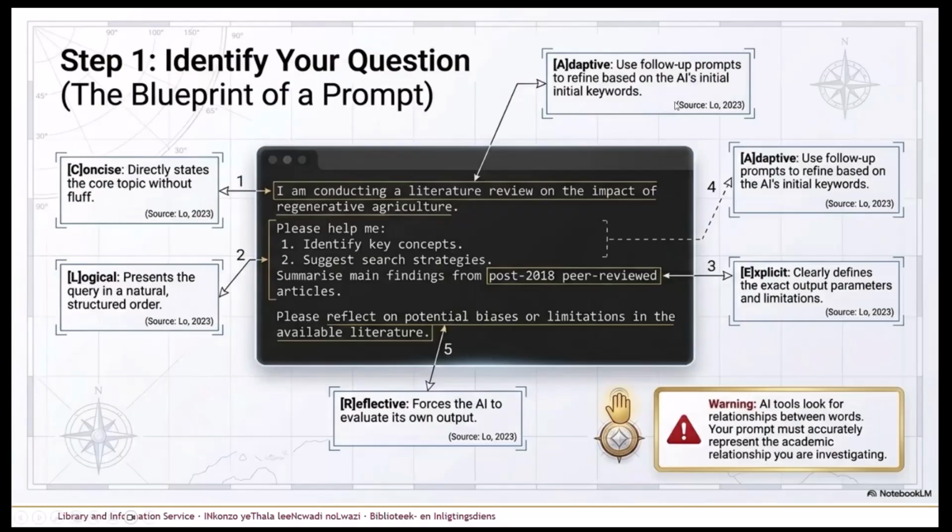Be adaptive: use follow-up prompts to refine based on the AI's initial keywords. Explicit: clearly define the exact output parameters and limitations. So CLEAR stands for concise, logical, explicit, adaptive, and reflective.